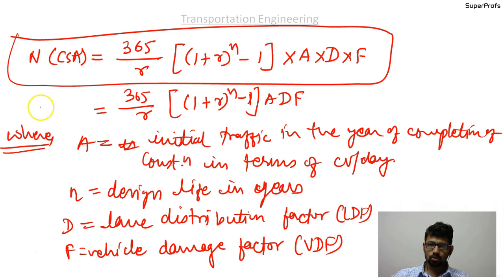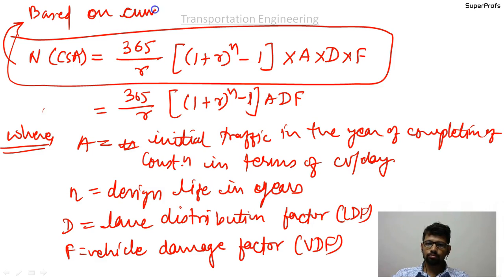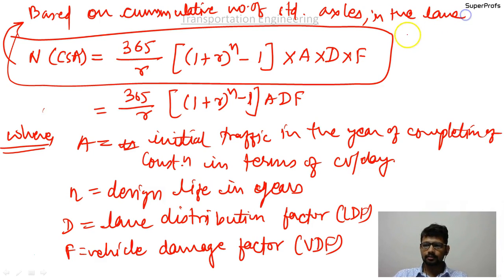So this method is based on the cumulative number of standard axles. Please write down, it is very important: cumulative number of standard axles in the lane carrying maximum traffic.